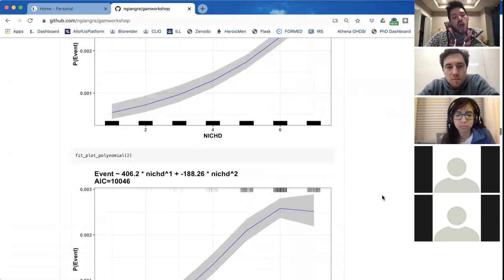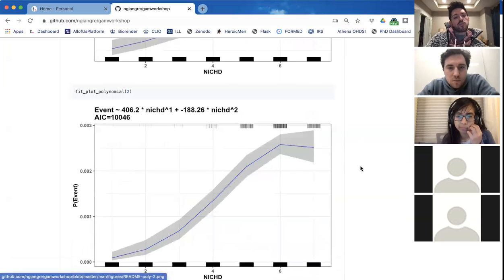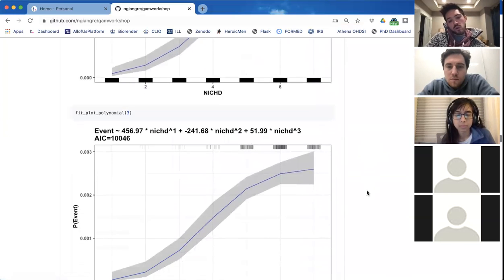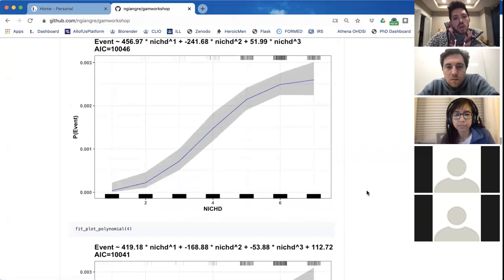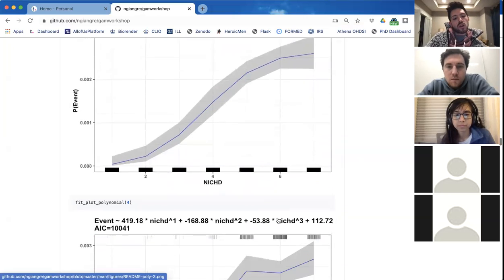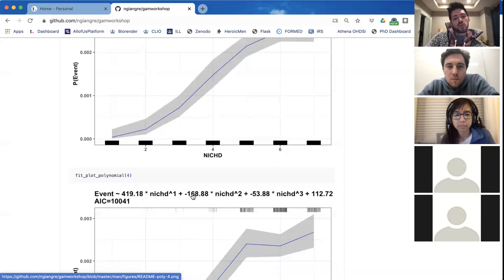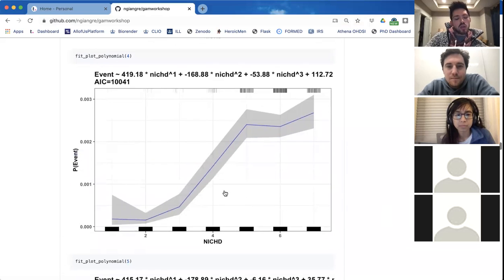And then you can add another degree, degree equals 2, and then you can plot it, and it looks like this. So now you have a little kink at the right. And then degree equals 3, and you have more kinks, and then you add another degree, and your equation gets huge. And you have other betas here. And your equation looks like this.